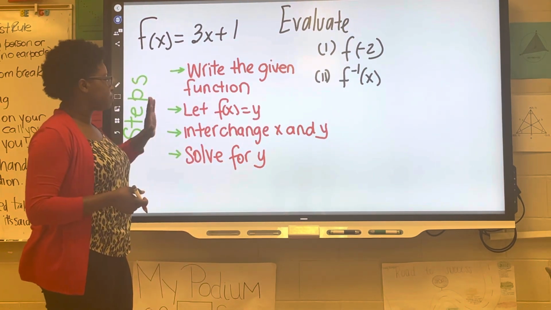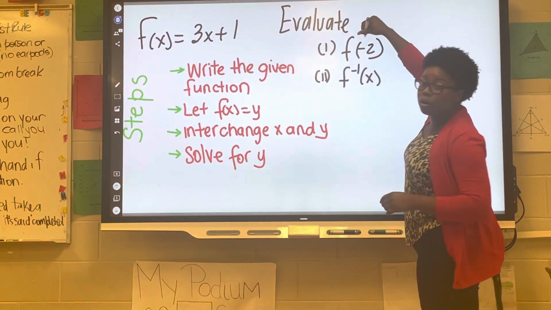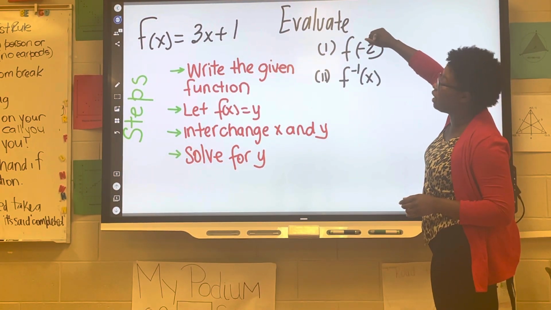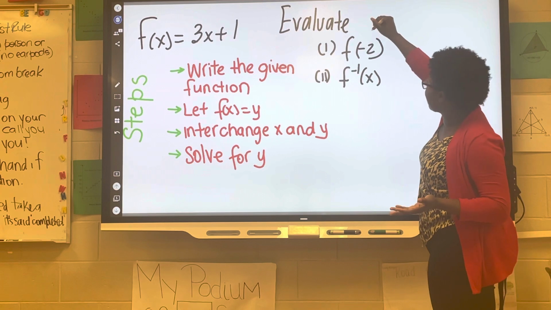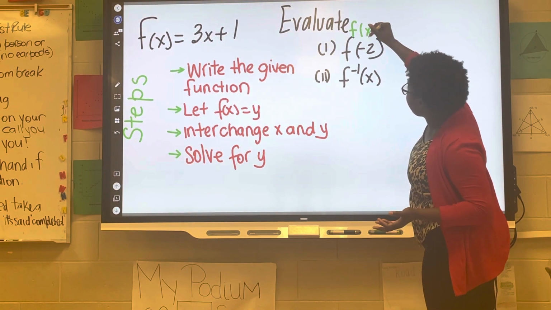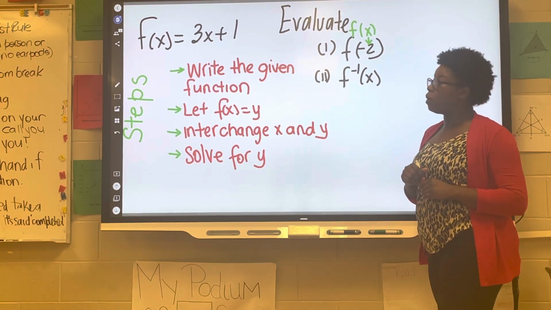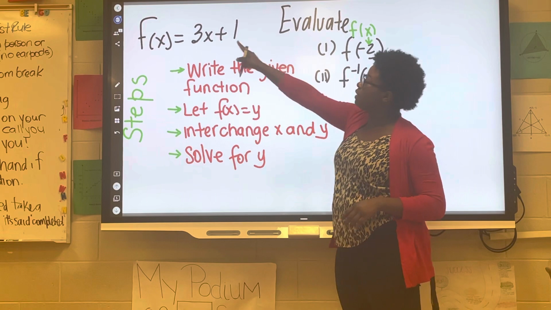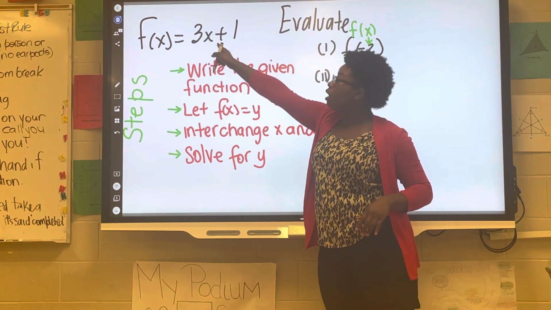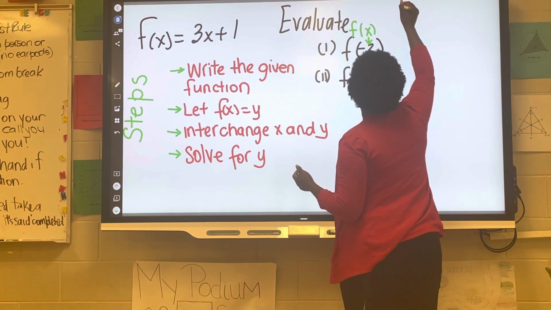Alright, so to evaluate, we know that whatever number we see in the parentheses right here represents the value of x. So if you match it up to the original function, x is equal to negative 2. So what we have to do is put negative 2 into this function, or this expression right here, and simplify.